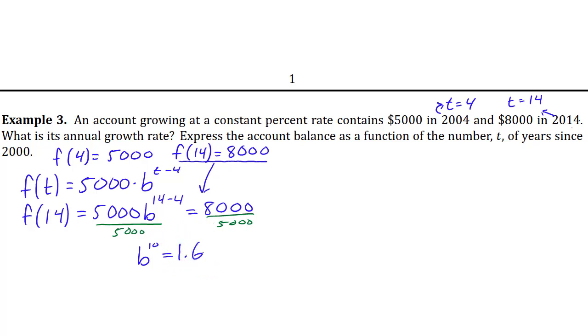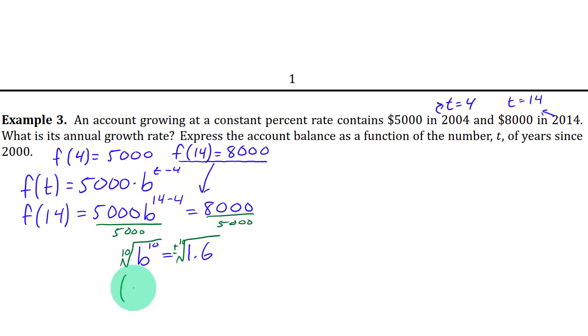And then if you want to cancel out the exponent 10, you could do a 10th root of both sides. And because that's an even number, it's got to be a plus or minus a 10th root on the other side. However, we know that b needs to be a positive number for exponential functions, so we're just going to use a positive one anyway, so I'm going to drop that.